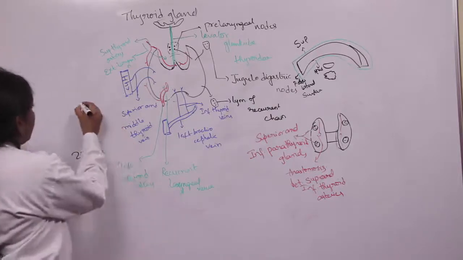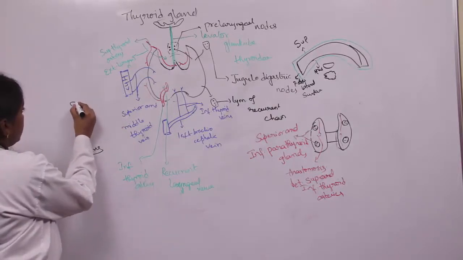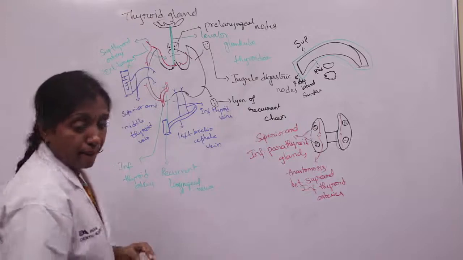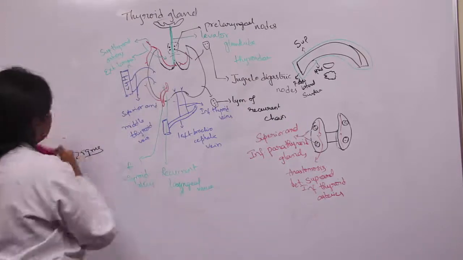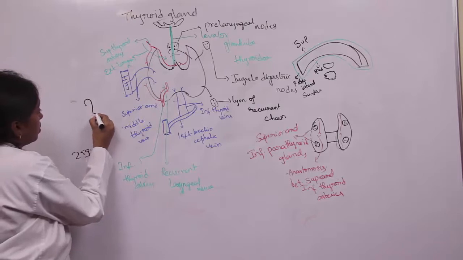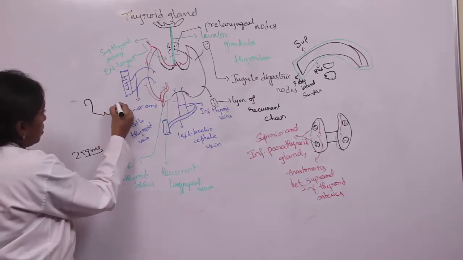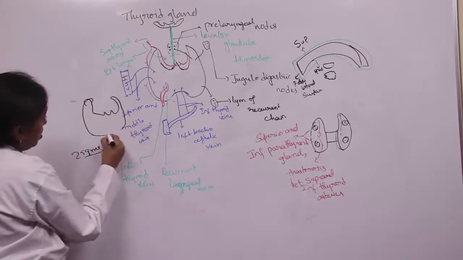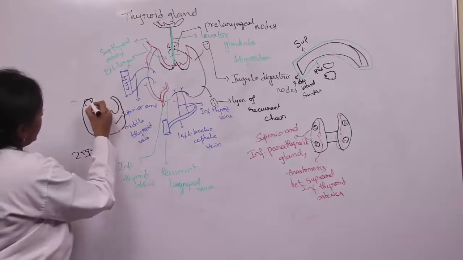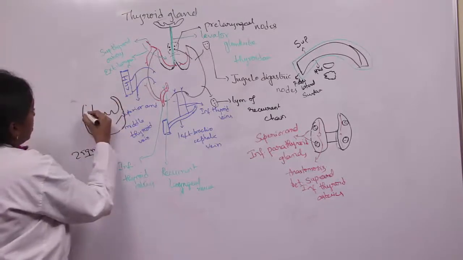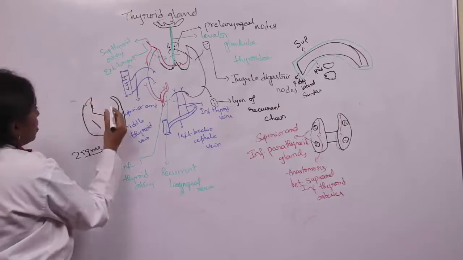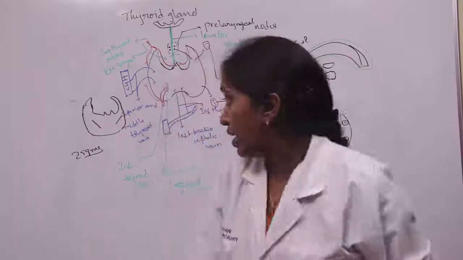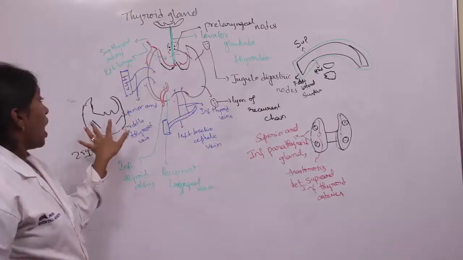We know that the thyroid cartilage is here, and on either side of the thyroid cartilage, we have the oblique line.